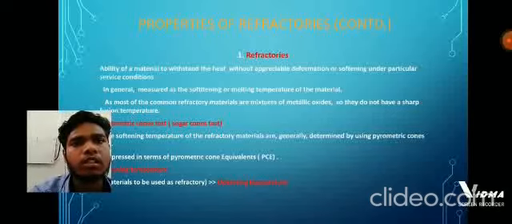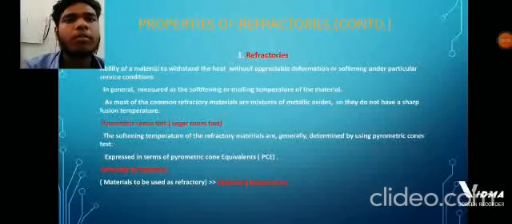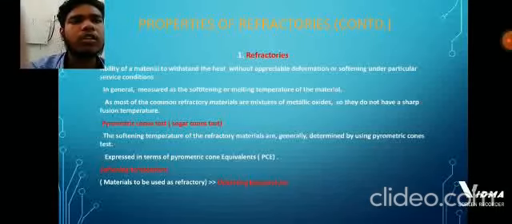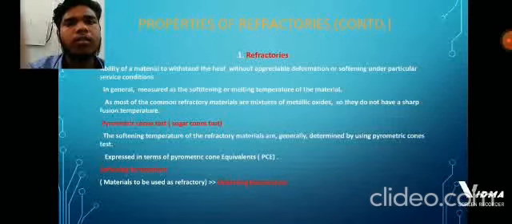In general it is measured as the softening or melting temperature of the material. As most of the common refractory materials are mixtures of metallic oxides, they do not have a sharp fusion temperature.